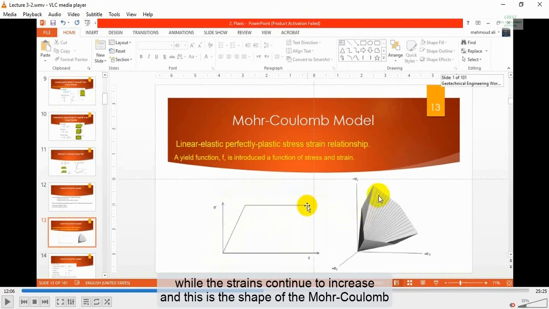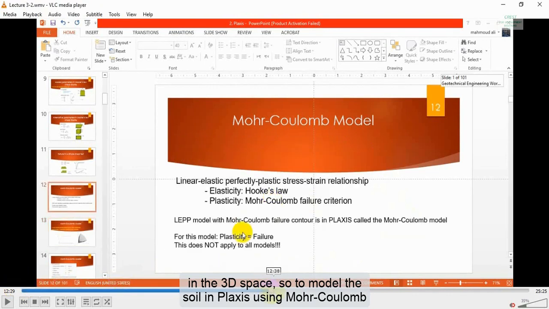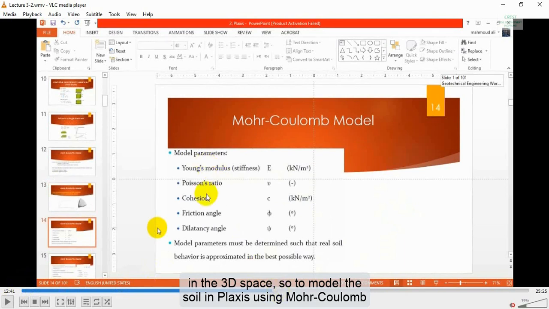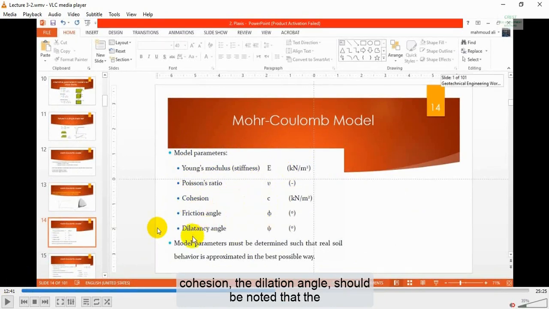And this is the shape of the Mohr-Coulomb surface in the 3D space. So, to model the soil in Plaxis using the Mohr-Coulomb model, you need to define these parameters. First, Young's modulus E, Poisson's ratio mu, the cohesion C, the friction angle, and the dilation angle.